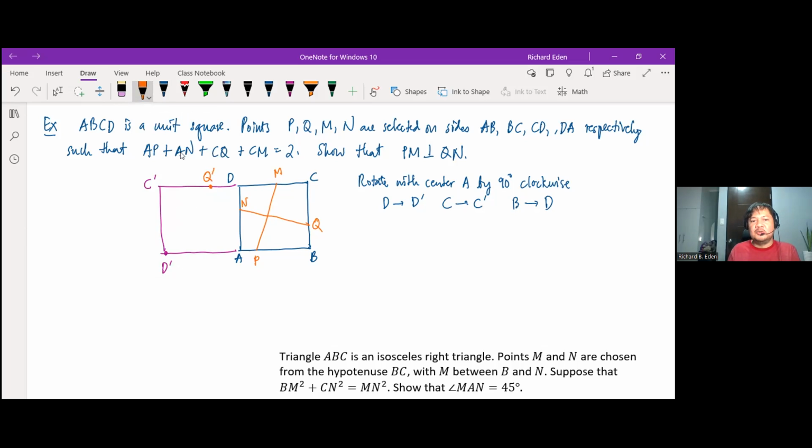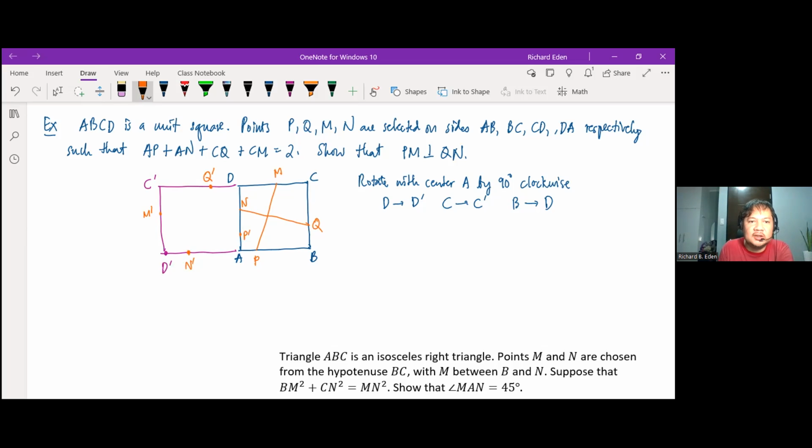And then N is close to D, so here is where we're gonna find N prime. Then M is gonna be somewhere here. So this is M prime, and then P prime will be somewhere here.